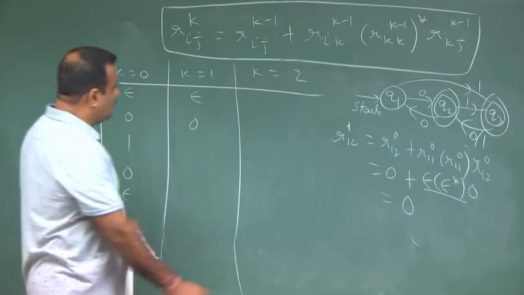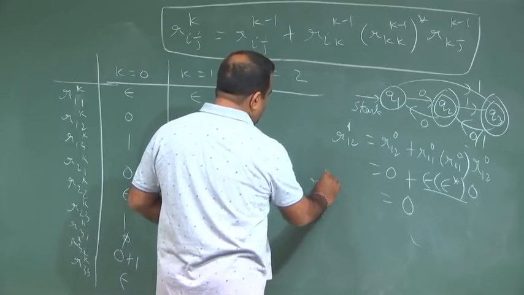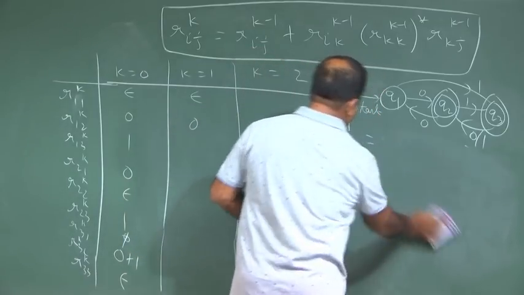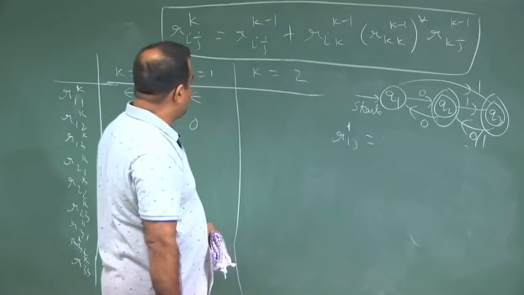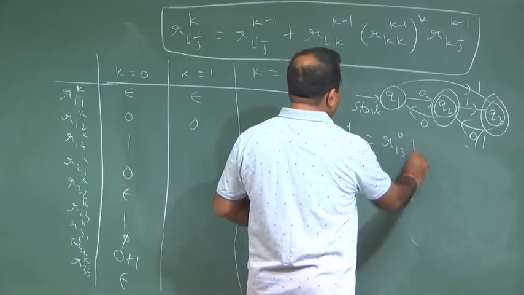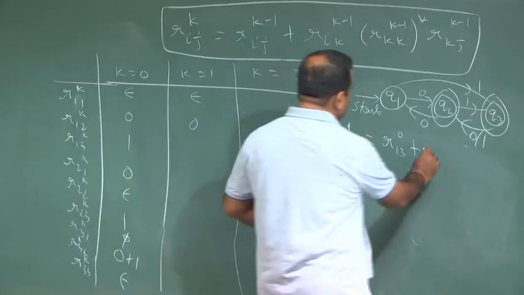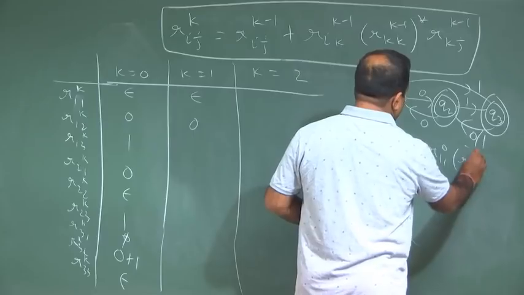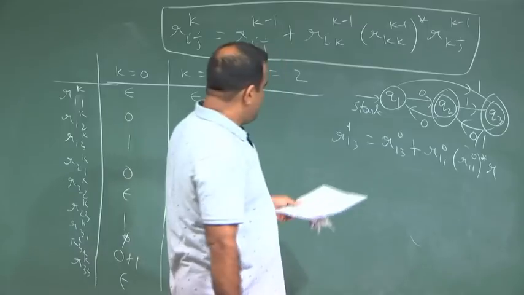Now, similarly, we can compute R 1 3 1. So R 1 3 0 plus R 1 1 0, R 1 1 0 star, then R 1 3 0.